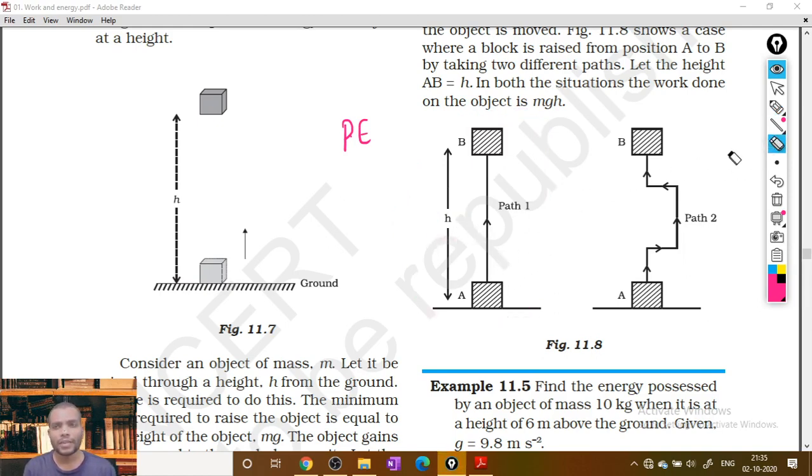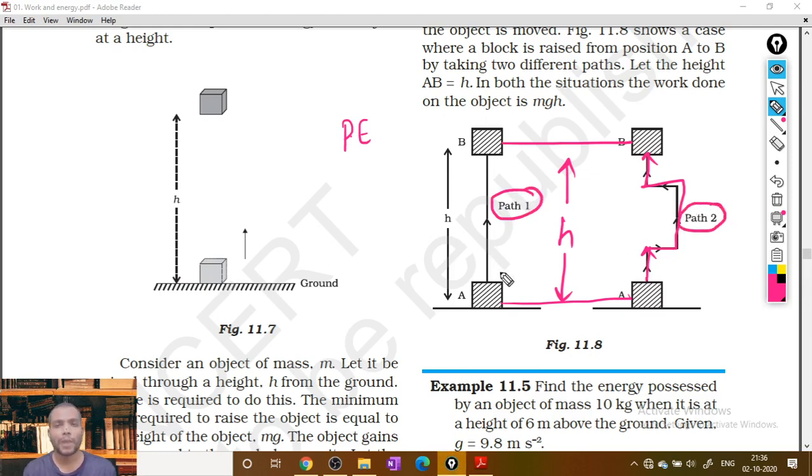Now, instead of lifting straight as in figure A, if you change the path, say from down to here you lift it, then you move left, then you lift it straight, then you move right, then you can reach the same point. In both cases the height remains the same, but the way you lift it is different. That we mention in terms of path.